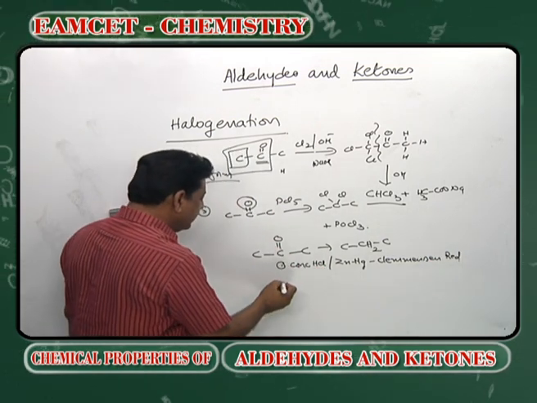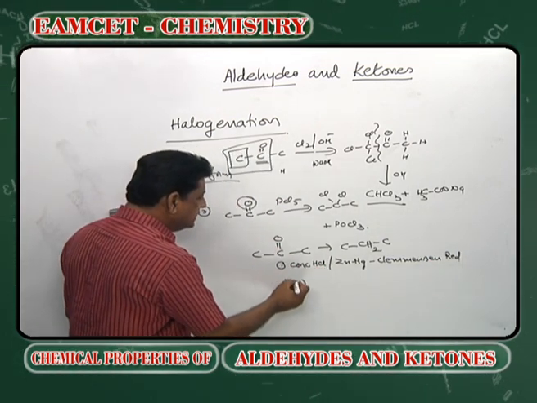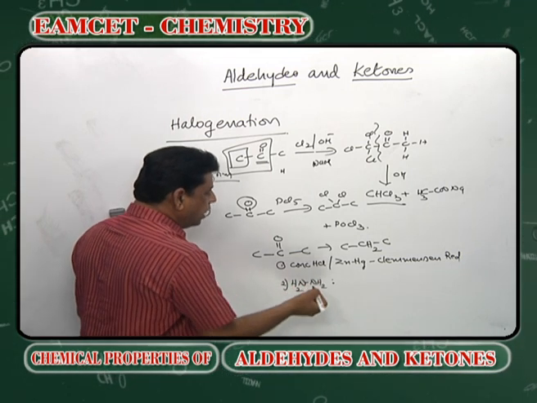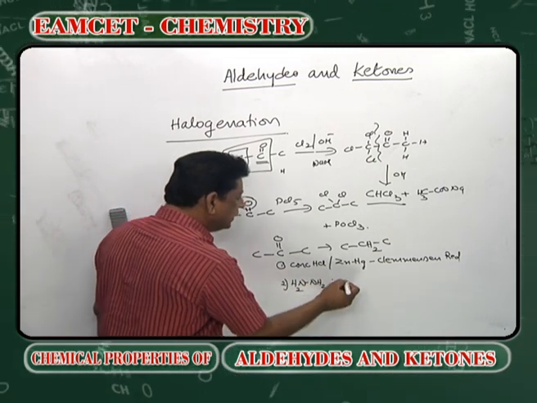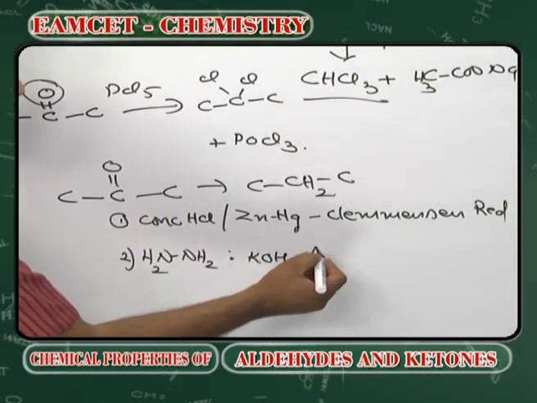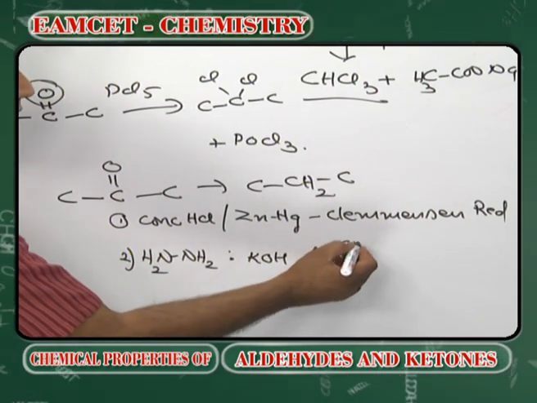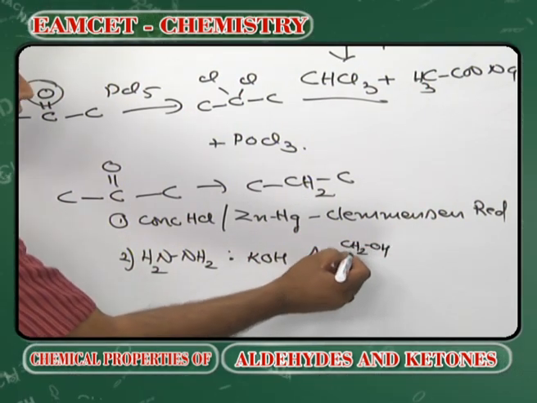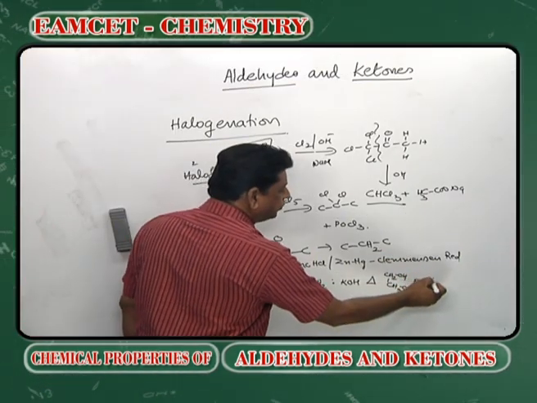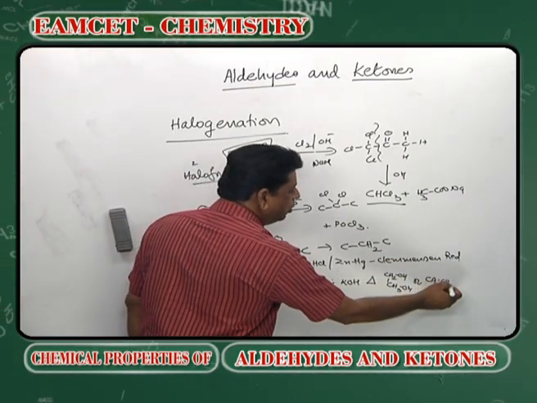Otherwise, if you use hydrazine first, followed by a strong base like KOH or NaOH, heat it strongly, sometimes with a high boiling liquid like ethylene glycol or sodium ethoxide, CH3CH2ONa.